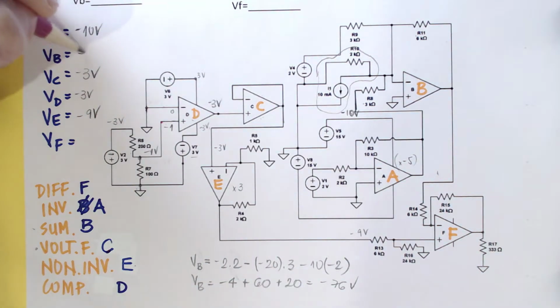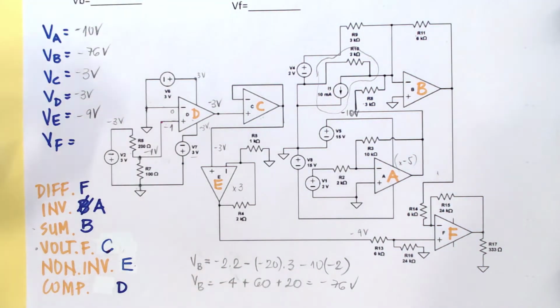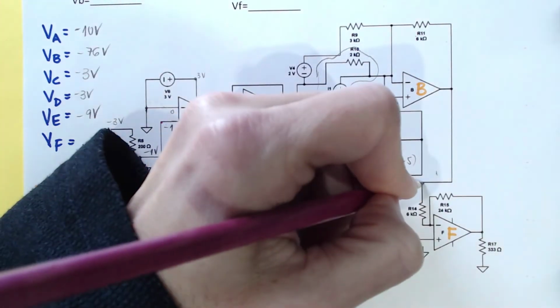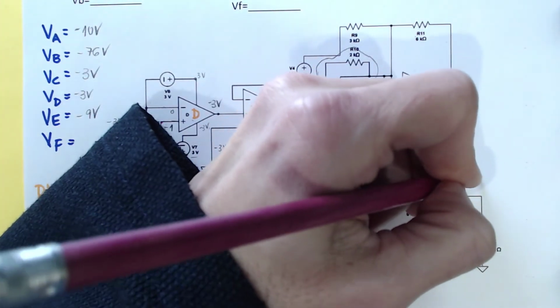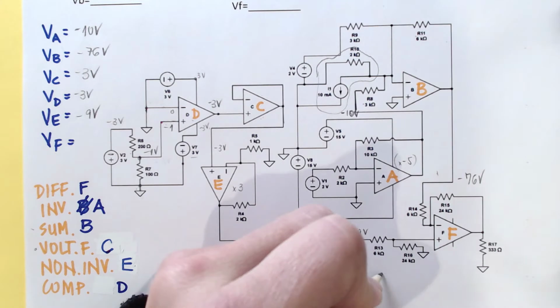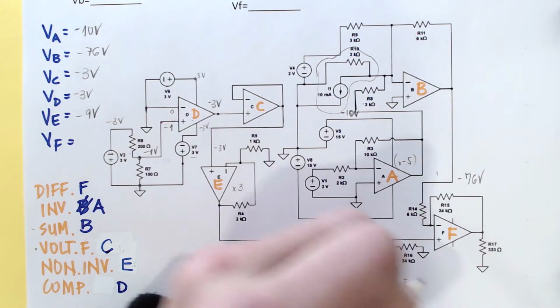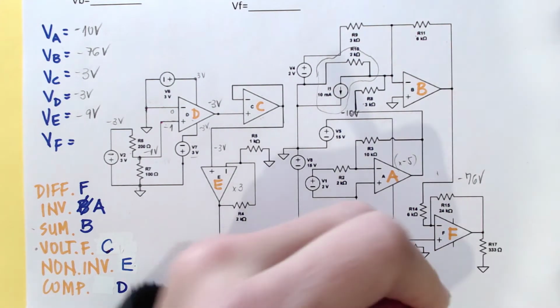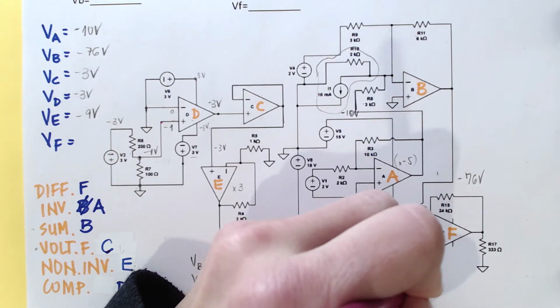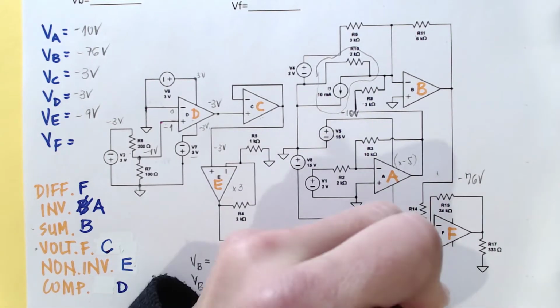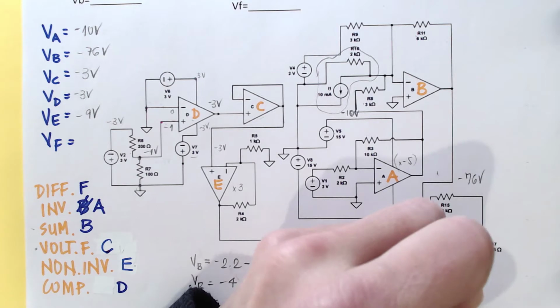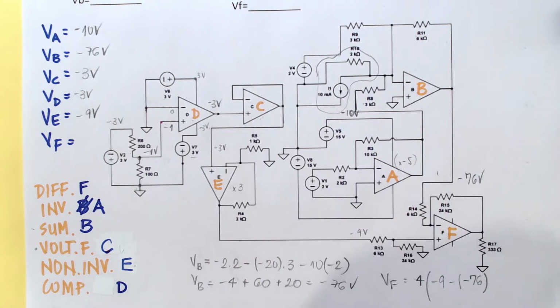Oh man. And now this guy is minus 76 volts, and VF will be 24 over 6 is 4, so it's 4 times minus 9 minus 76.